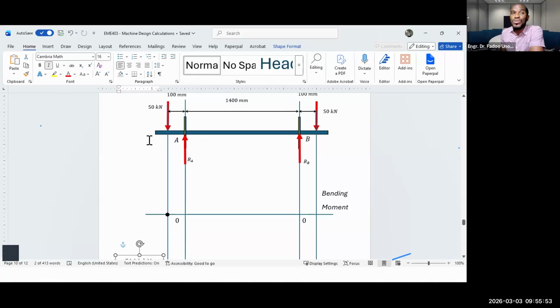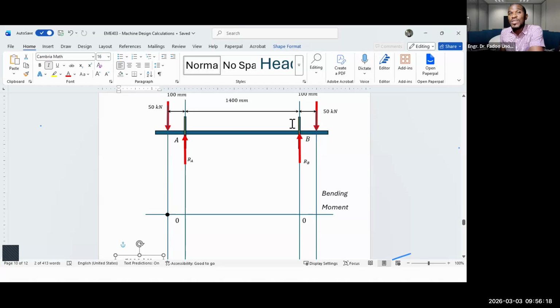If we were going to do the math from the left-hand side, the bigger force is going in an anti-clockwise direction. The smaller force is going in a clockwise direction. Anti-clockwise is negative. Clockwise is positive. Since the negative number is bigger than the positive one, the overall value you have will be negative.